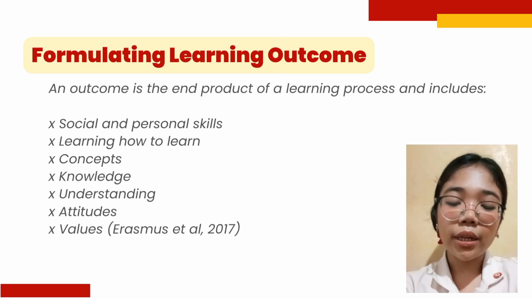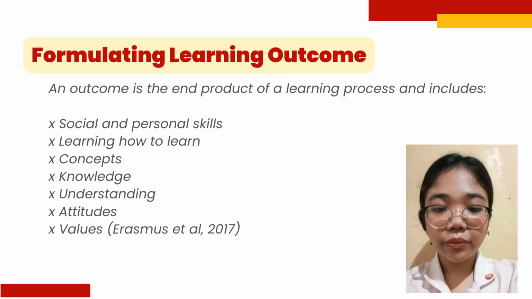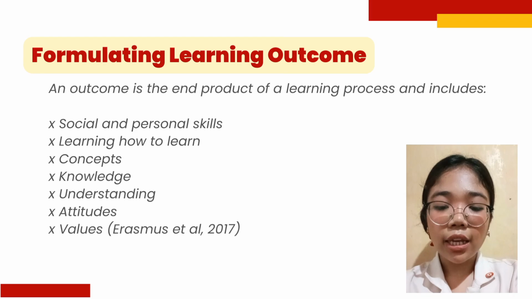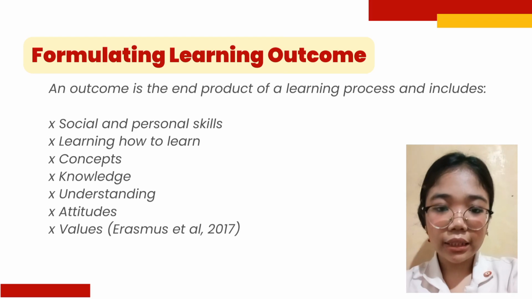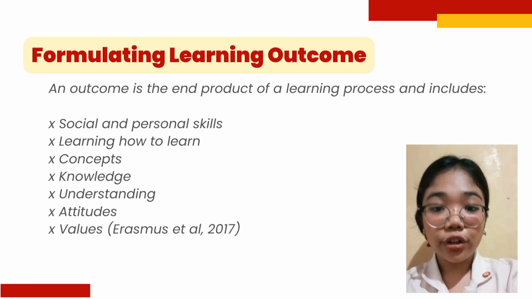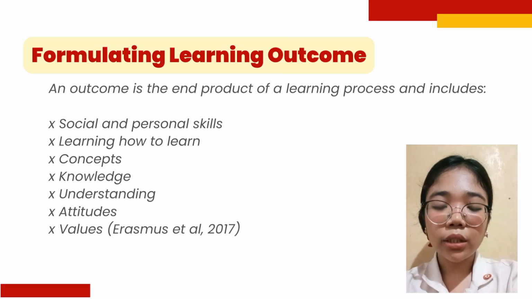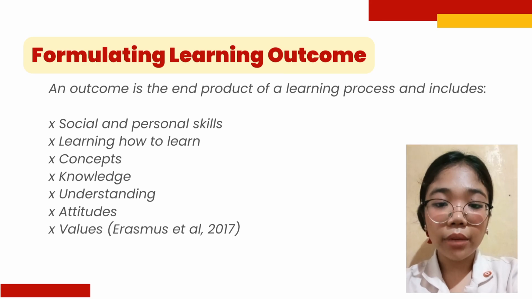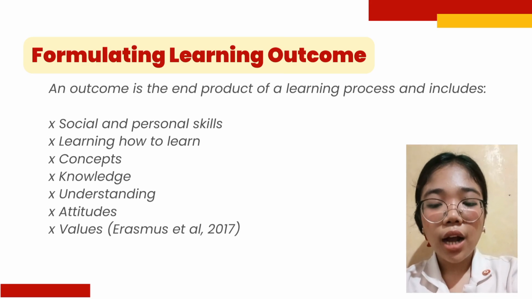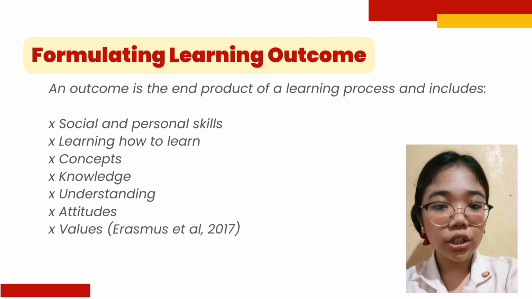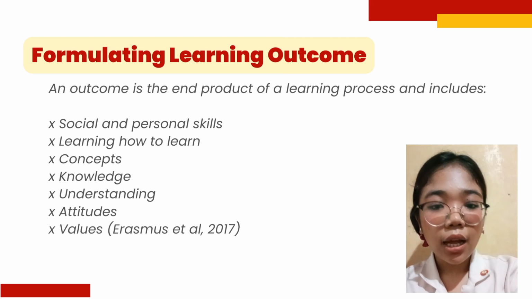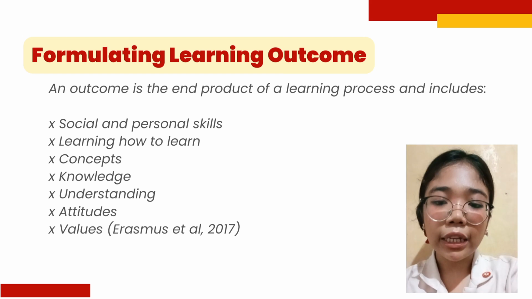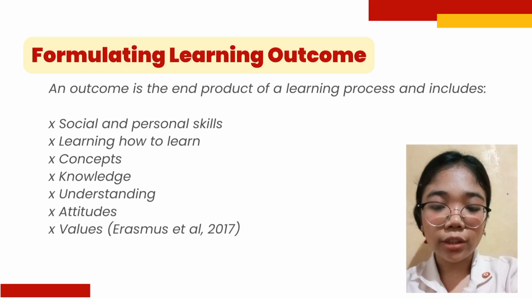So why are these elements essential in formulating a learning outcome? It is important because these elements create a framework that prepares learners not only intellectually but also socially and personally. Additionally, these elements ensure that the learners acquire not only factual knowledge and conceptual understanding, but also critical skills for collaboration, communication, and lifelong learning.